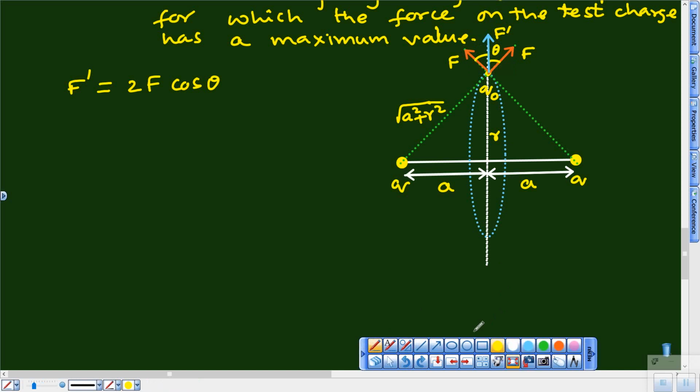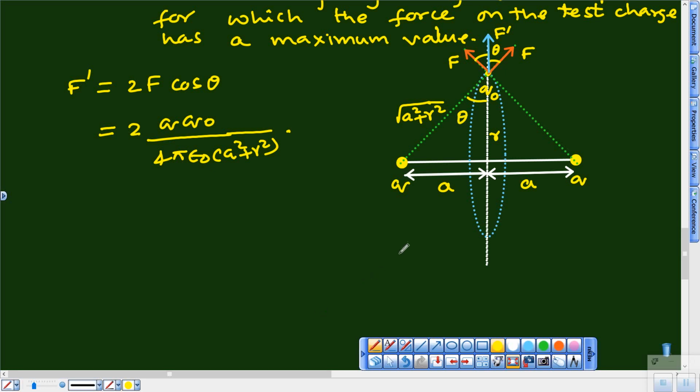And what is this F after all? It is the Coulombic force, which I can compute for either the left charge or the right charge, and it is going to be equal to Q naught upon 4 pi epsilon naught, and the distance square, that is a square plus r square, multiplied by cos theta, and the cos theta in these alternate angles are equal. That's why this angle is also theta after all.